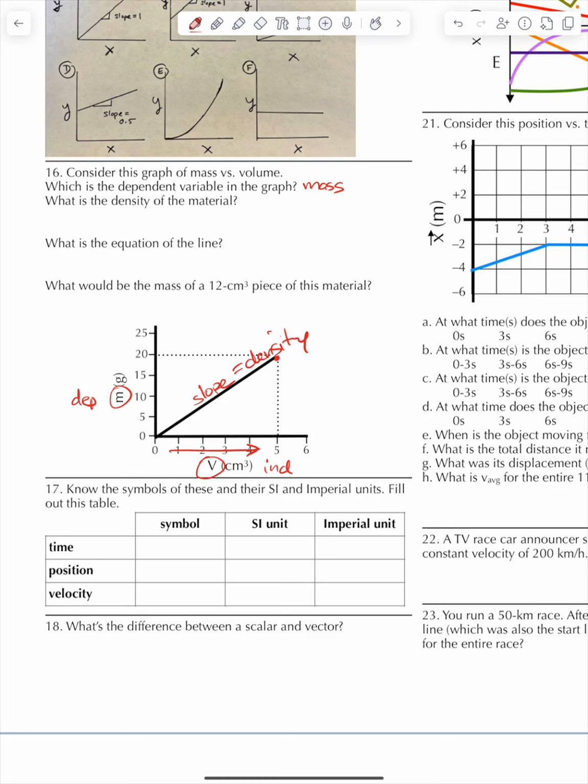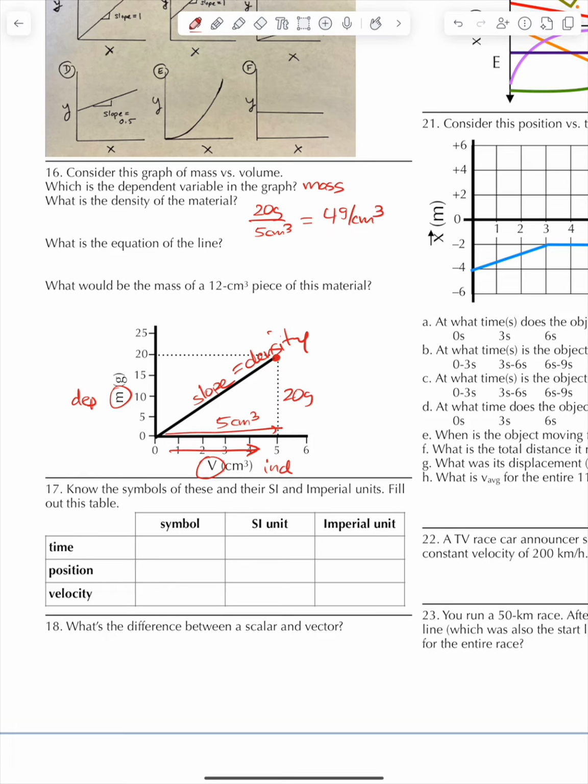And I'll show you another way of doing this too, let's just use the whole line. The rise is 20 grams, and the run is going to be 5 cubic centimeters. So the rise over the run, the slope, is 20 grams over 5 cubic centimeters, or 4 grams per cubic centimeter. I think this might be on the final, so pay attention.